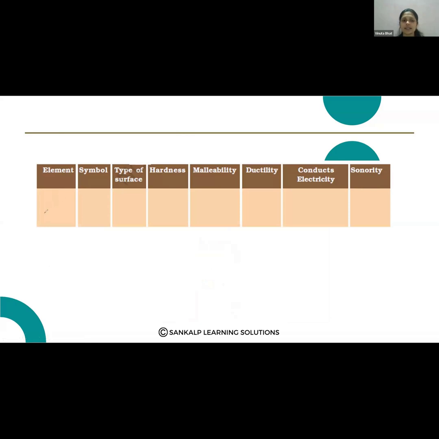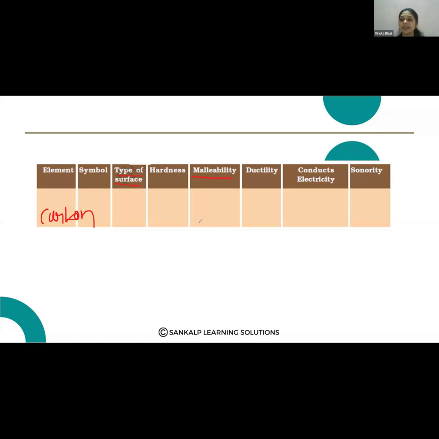Take carbon, which is a non-metal. Carbon does not have a hard surface; its hardness is very low. For malleability, if you take any non-metal and beat it using a hammer, it will just break down.